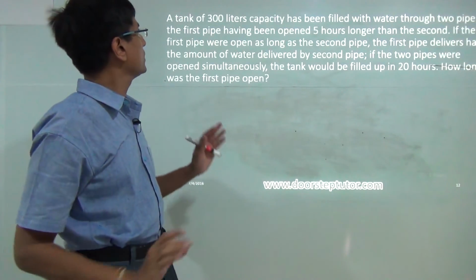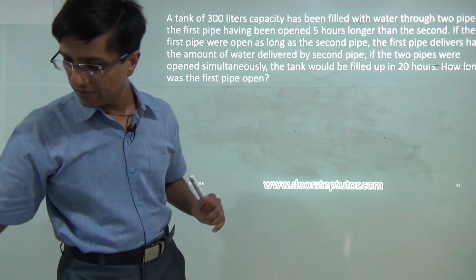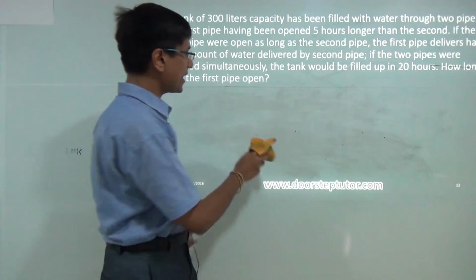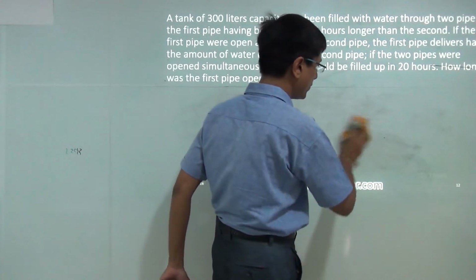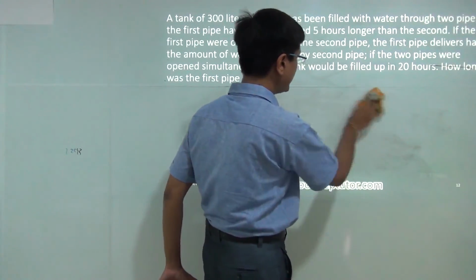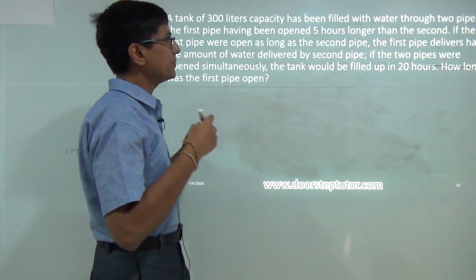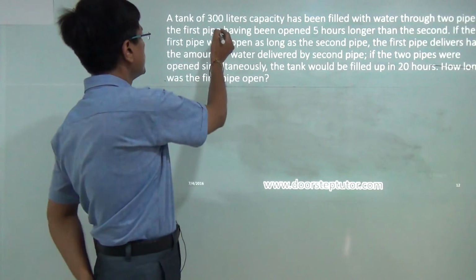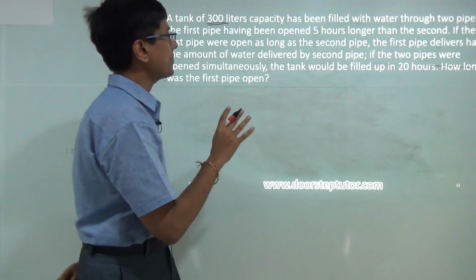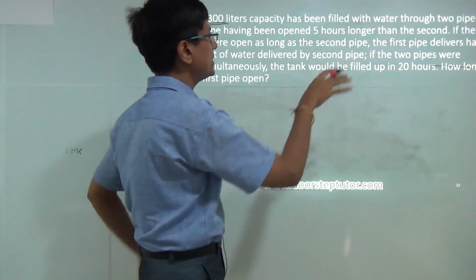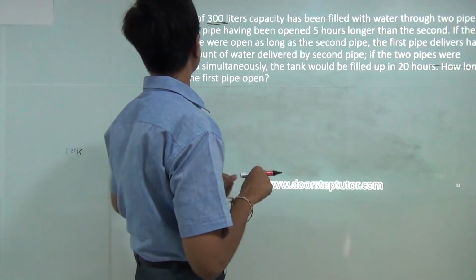So let's move on. Now again, this problem. If you read it carefully and get a little insight before you start solving, then the problem would just come to you. There is a tank whose capacity is 300 liters and it is being filled with water using 2 pipes.